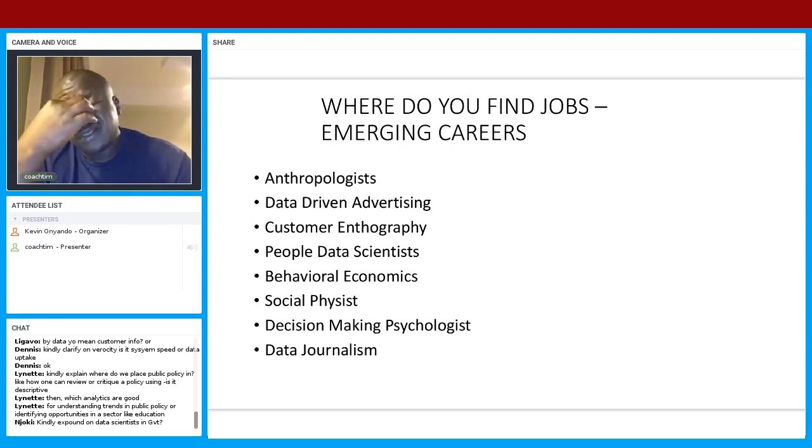For example, the Kenya National Bureau of Statistics has the census coming up this year. One of our faculty is an advisor for that project, and they are looking for data scientists to help automate how the survey will be done. So the government has an increasing need for data science.